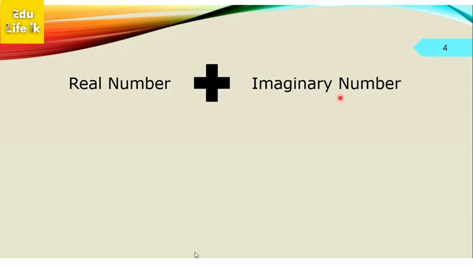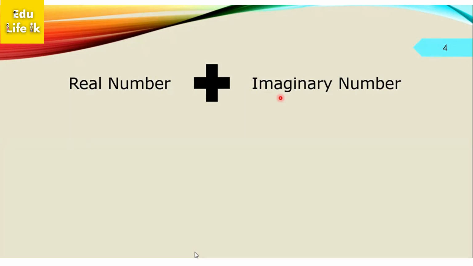If you add a real number and an imaginary number together, listen carefully. What are real numbers? All the numbers we have learned up to now: decimals, whole numbers, plus or minus numbers, fractions, all these are real numbers.